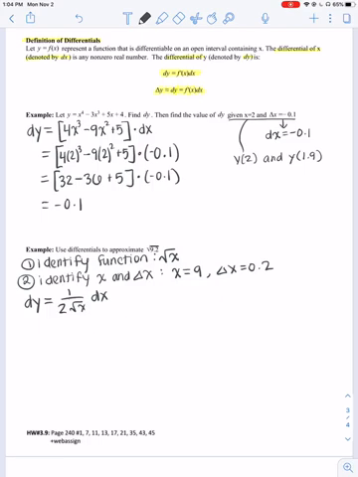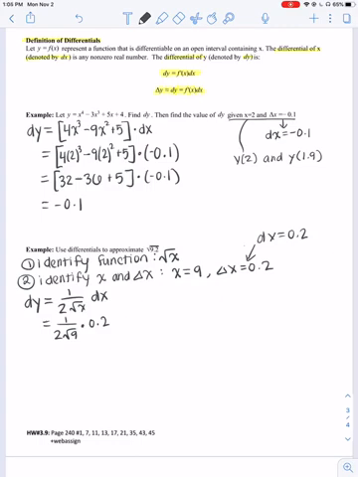Now, remember that we know the x value and we know the dx because delta x is dx. So dx is 0.2. So we're going to substitute these values in. So we're going to have 1 over 2 root 9 times 0.2.